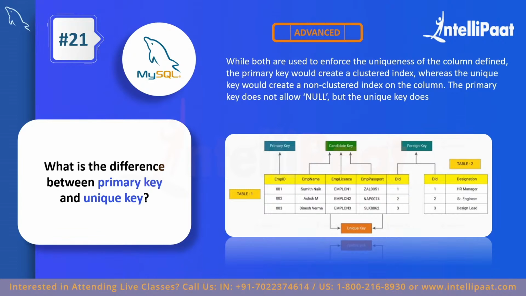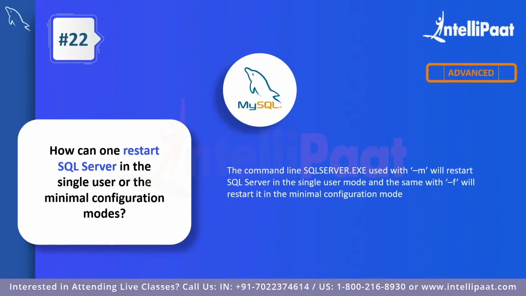Now, as we discussed earlier, any of these columns could have a null value and it would not matter because the unique key is essentially representing a characteristic of the employee name, while the employee ID is representing the unique position that that employee occupies in the organization. In the case of the employee license and the employee passport both being null, we can still identify that employee with the employee ID.